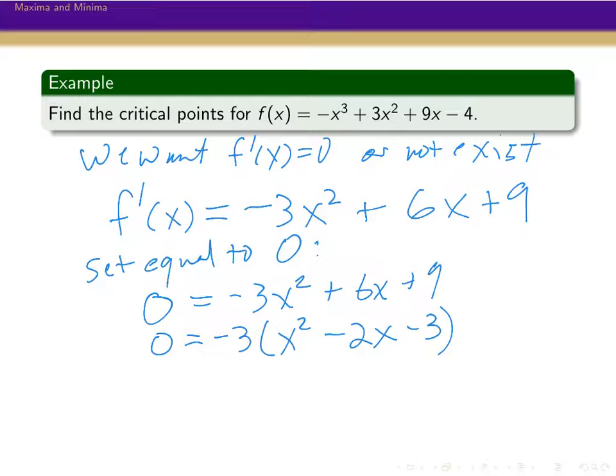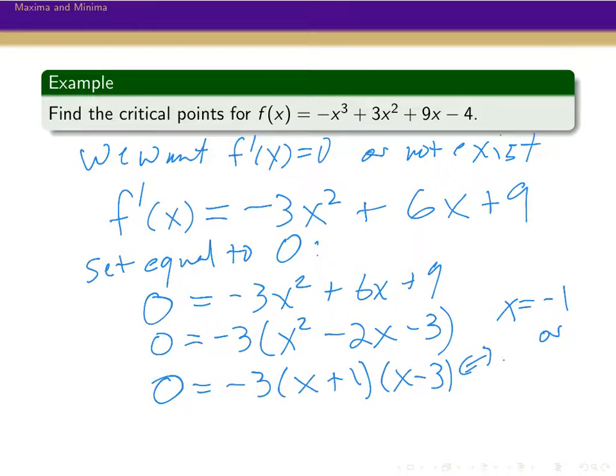And looking at this, I believe this factors nicely as x plus 1 times x minus 3. And so that's our factored derivative. This is equal to 0 when x is equal to minus 1 or x is equal to 3. So that's our two critical points for this cubic.